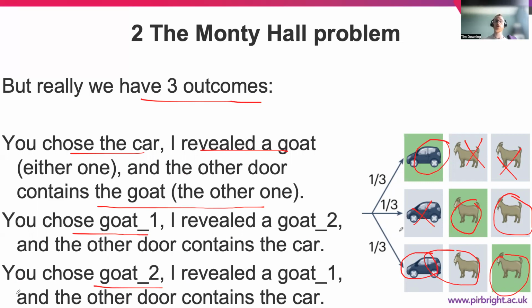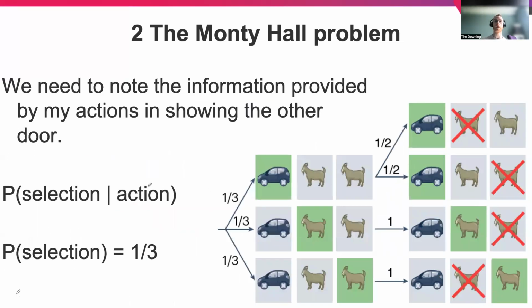So what we're thinking about is the probability of our selection given a particular action. The probability of selection at the start is 1/3. That's what we're starting with. But then we have the action that one door is eliminated. For this top option here, which contains initially 1/3 of our probabilities, if we stick with the car, we'll be successful in these 2 options.